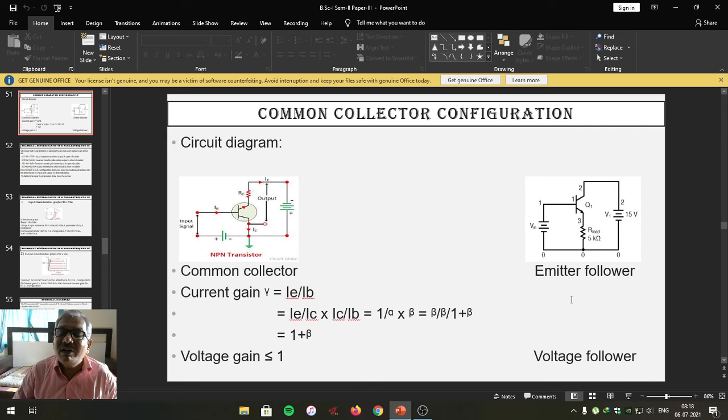That is the reason why we can call the common collector configuration a unit gain amplifier. This configuration is used mostly as a buffer circuitry for buffering input at the output, for matching the impedance.